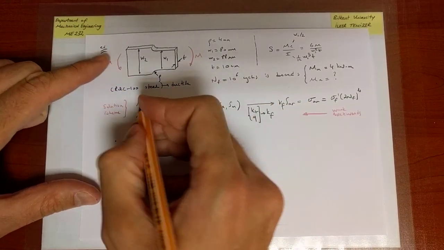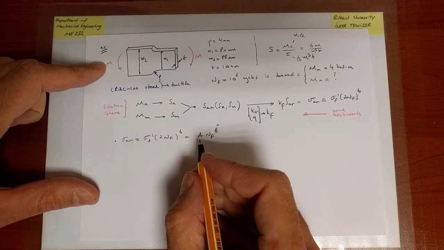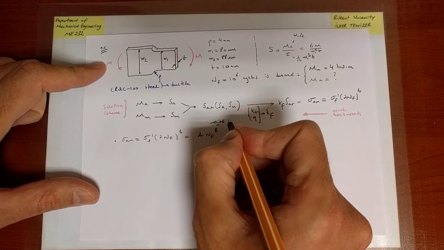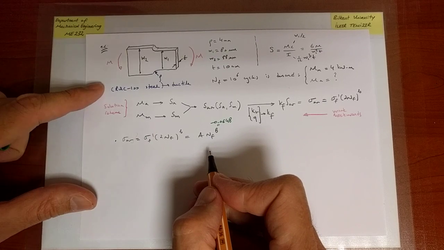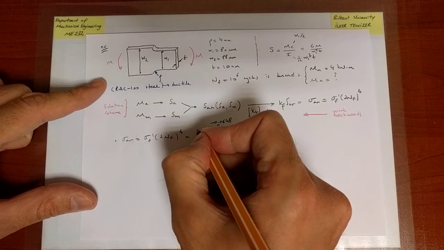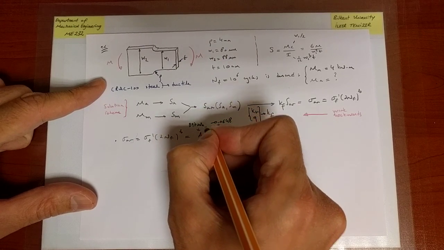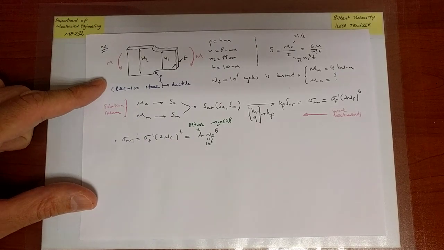In this case, by looking at the material property for RQC 100 steel, we can find that B is equal to minus 0.0648, and A is 897 MPa, and NF is given as 10 to the 6 cycles.